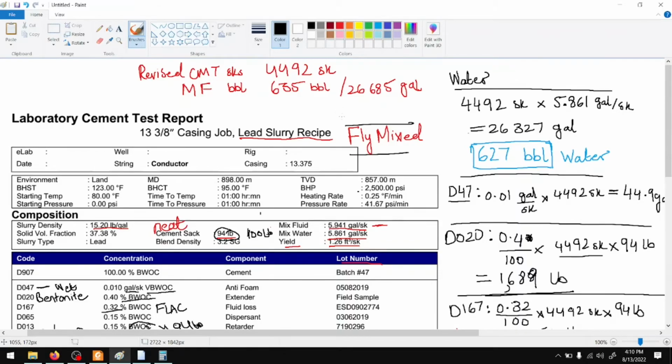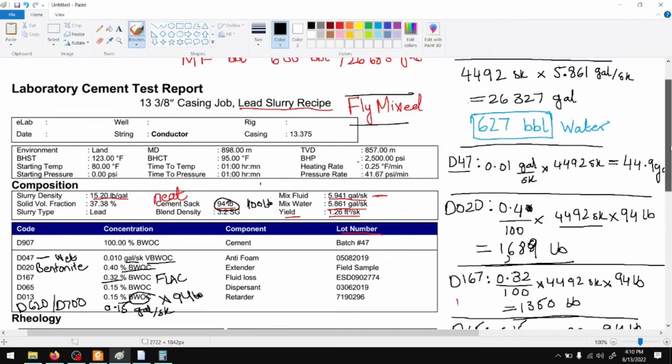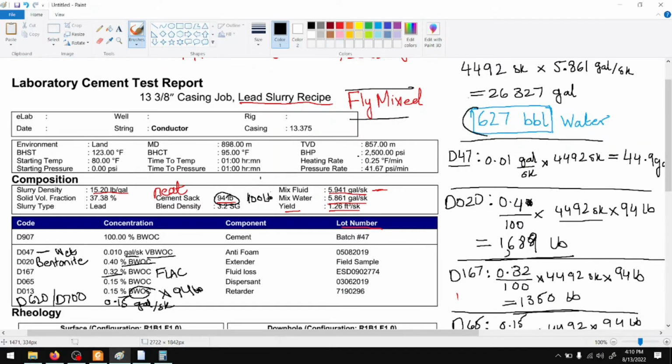So for higher volume slurries, you also need to know the amount of blend or dry cement that you need. So for fly mix slurries, it's very important to know that yes, you do need this amount of water.